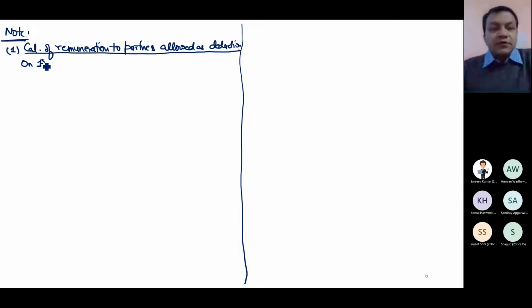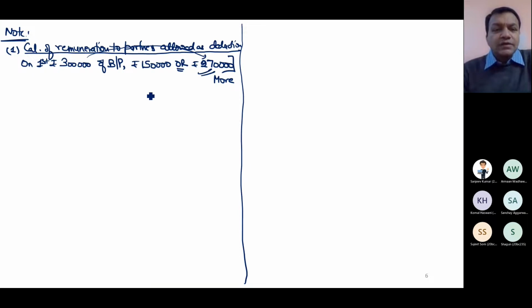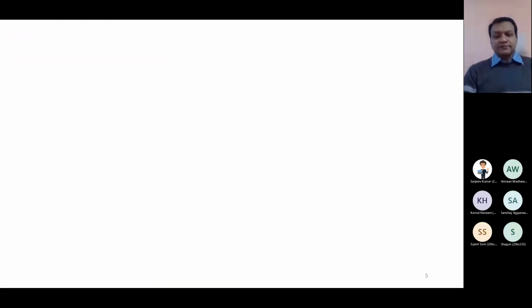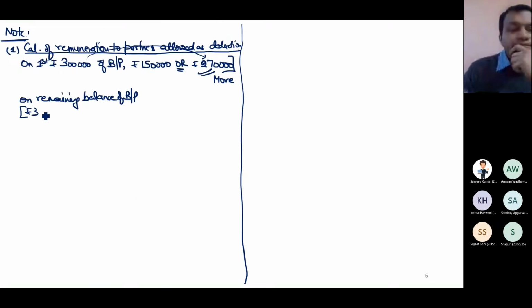So on first 3 lakh of the book profit, rupees 1,50,000 or 90% of this book profit. So I have taken first 3 lakhs, so 90% becomes 2,70,000. Whichever is more. So which is more? 270. Then on the remaining balance of book profit, how much is the remaining balance? Out of 3 lakh, 62,400. 3 lakh has been taken care of above. So it is 62,400.